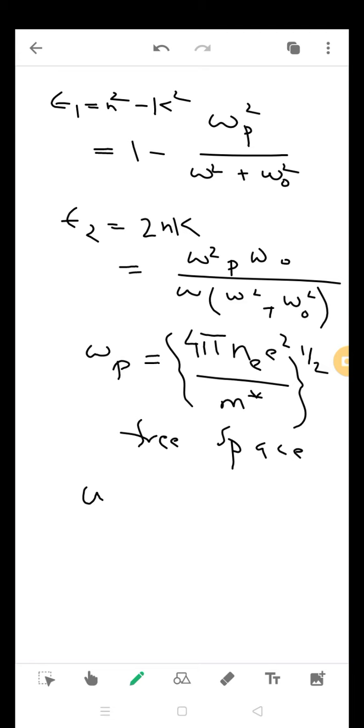And omega 0 is equal to, sorry, this is actually the plasma frequency, not the polarizing frequency, and omega 0 is equal to 1 by tau 0, and it is equal to N e square divided by m star sigma.